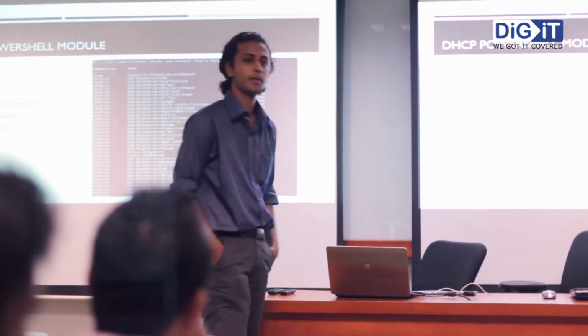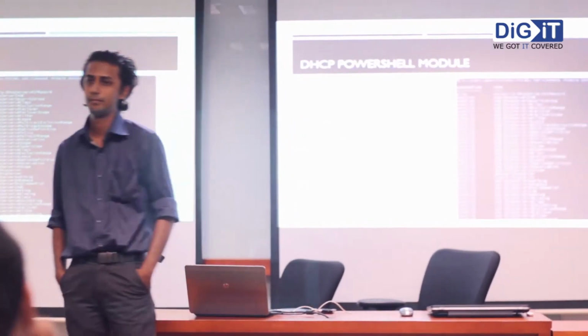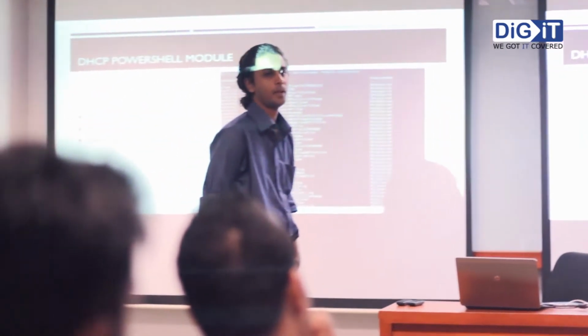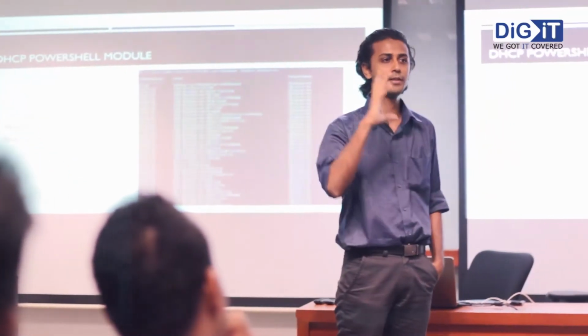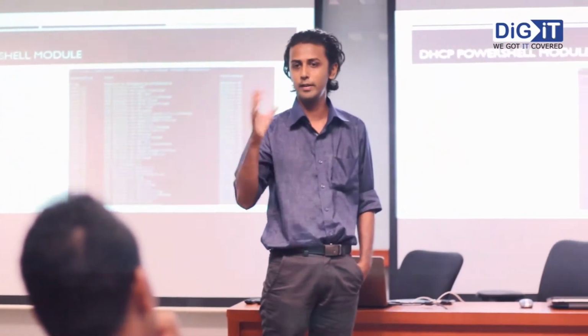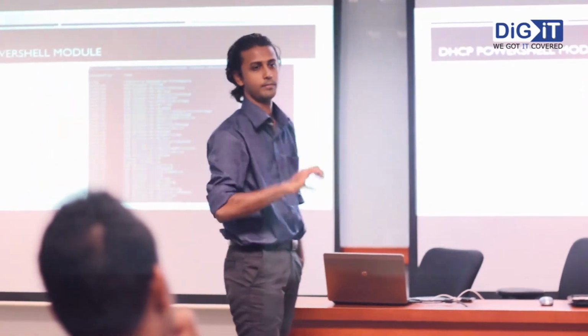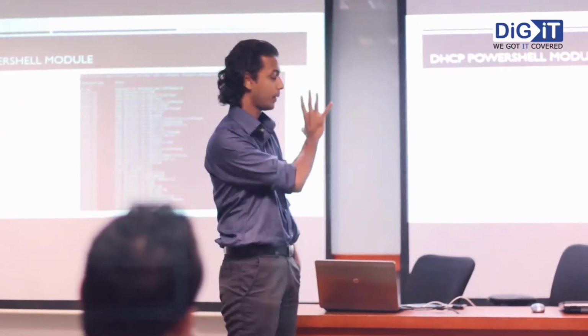What is the advantage of using PowerShell for the DHCP server? As an example, you want to add some IP reservations. Earlier, what was the procedure? Manually, we had to add the records row by row using the DHCP server console. Go to the list of IPs, right click and add to the reservation. Now, what can we do?